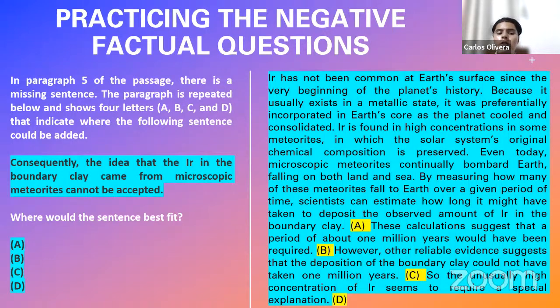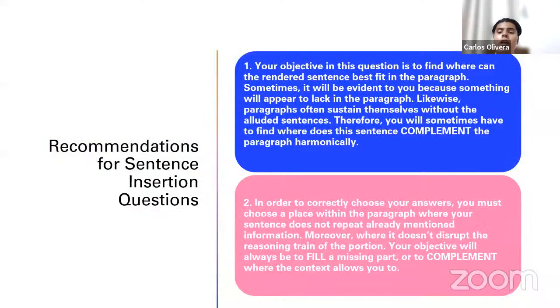And that's the usage you make of the sentence. You are introducing it within the paragraph because you know that, okay, it can be better. It can be more complemented, more complete. That's how you have to think about the sentence. So in that case, you have to find where this sentence complements the paragraph harmonically. Those are the two scenarios, okay?